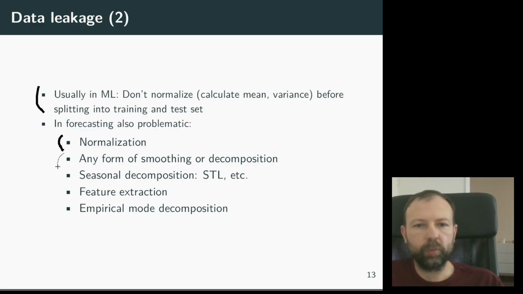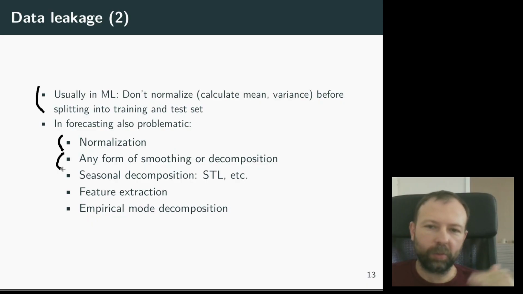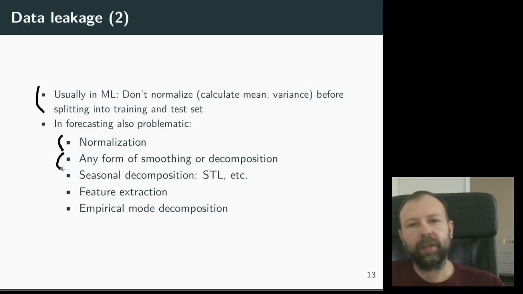Any form of smoothing or decomposition: if you do an STL decomposition over the whole series, and then afterwards you partition into training and test set, well, STL decomposition does a two-sided smoothing. So information from your test data is then used in training. Feature extraction: don't extract features of your full series before partitioning, any form of feature extraction.